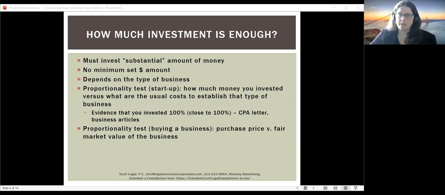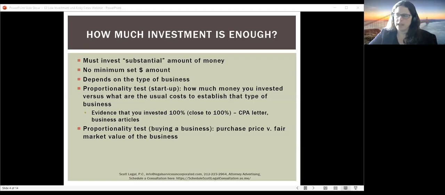It may be even something like $2,000, $10,000. Those amounts are just going to be too small for an E-2 investor visa application to be successful. However, you can utilize those types of articles to explain, hey, I've invested well in excess of this amount. I've gotten everything necessary to start up this business. Therefore, my investment should be considered substantial.